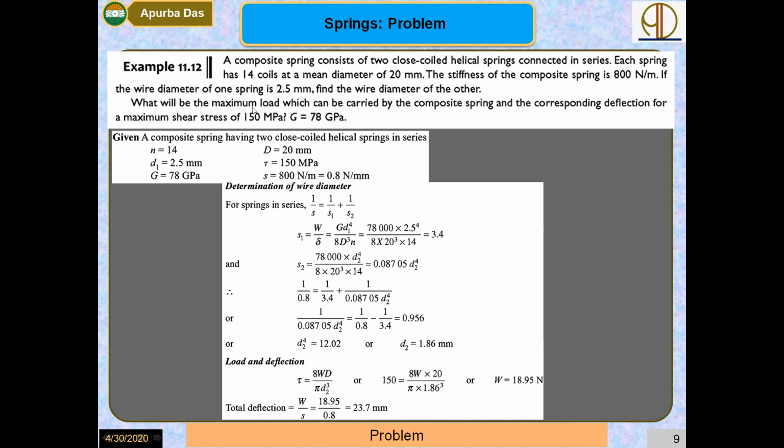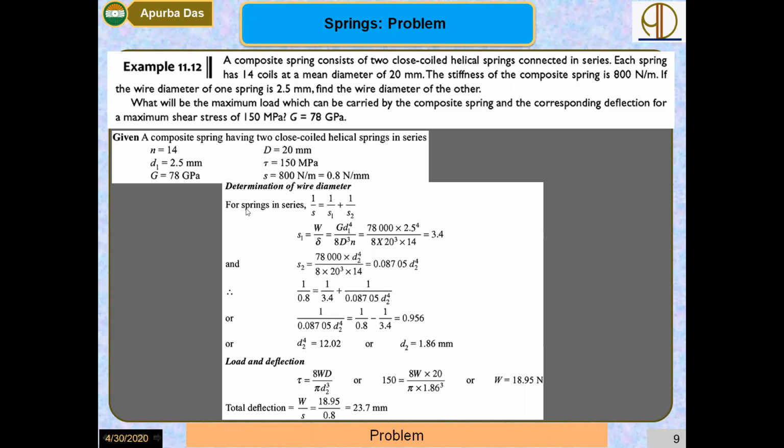What will be the maximum load which can be carried by the composite spring, and the corresponding deflection for the maximum shear stress of 150 MPa. And G is given 78 GPa. So what are the parameters given? Small n is given 14, capital D given 20, d1, the inside one, is given 2.5, tau 150, G 78 GPa, stiffness is given 800 Newton meter, or that is equal to 0.8 Newton per millimeter.